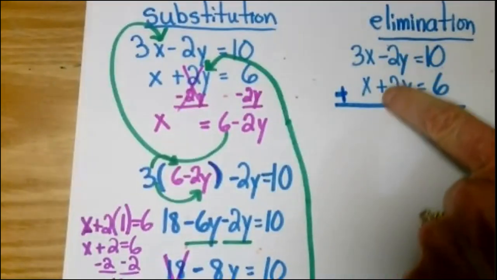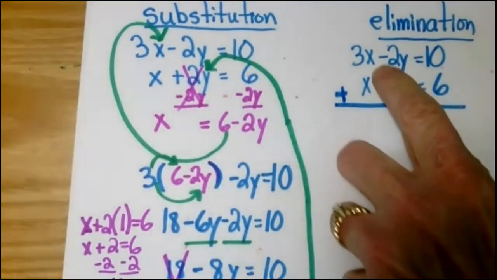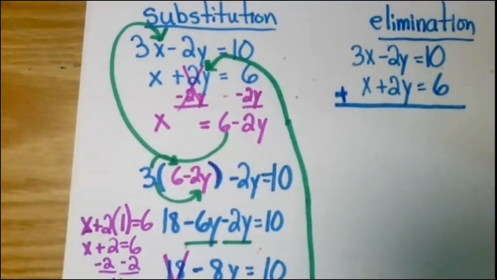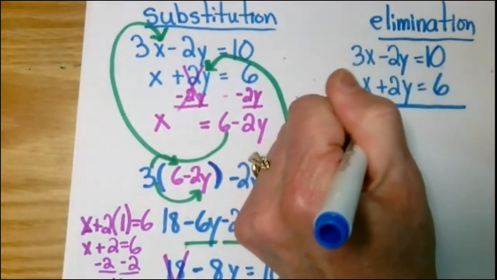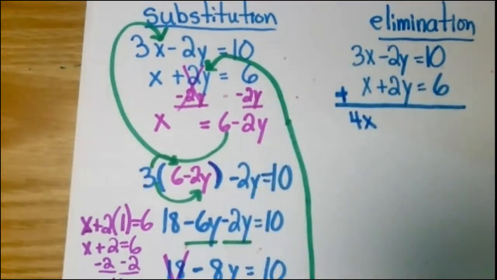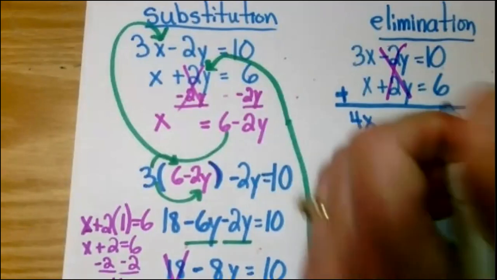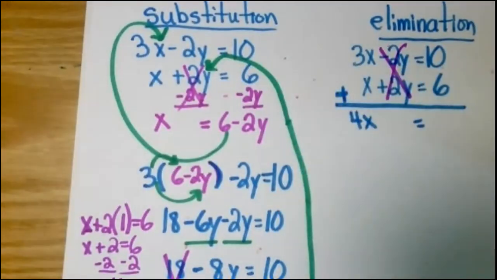They both have a 2 in the front, don't they? One's negative and one's positive. So I'm going to just add 3x plus x. It's going to give me 4x. The negative 2 and the positive 2 are going to cancel each other out and become 0. Equals 10 plus 6 is 16.